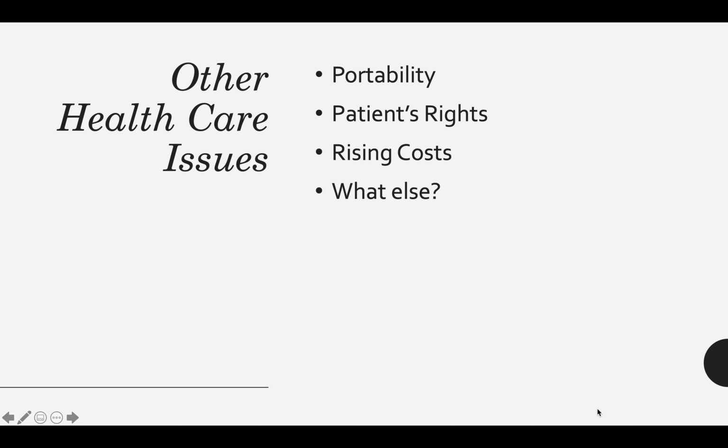And I just want to conclude by saying, think about what else might be an issue. We all either know somebody who has been sick, or we've needed to use our healthcare ourselves, and we've had different experiences with doctors and insurance companies. I want you to just think about what other kind of healthcare issues we have.